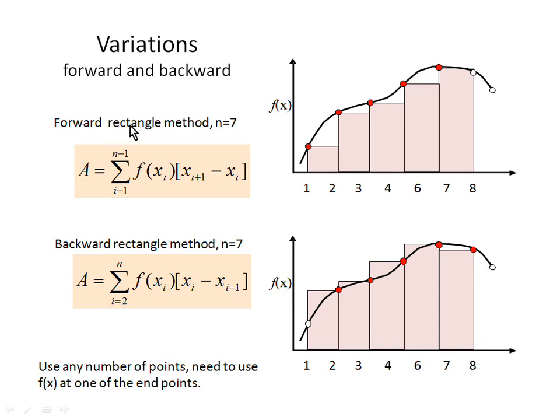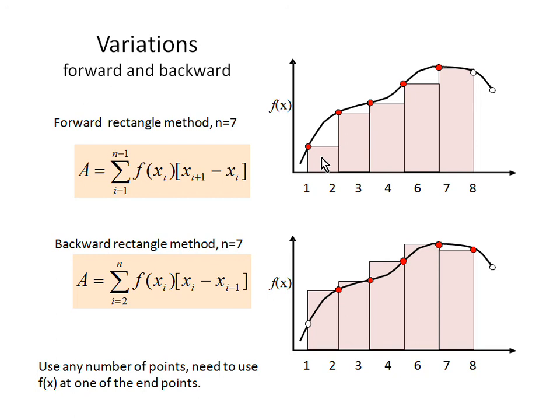So the forward rectangle method, where n equals 7, would be given by this expression, and that would require that for i equals 1, we evaluate the function here at this point and then multiply by that distance, so we would get that rectangle. And then for i equals 2, we have that rectangle, and so on. So we have to use the function evaluated at all these red points, not that point, and we get the areas of these 5 rectangles that we would add up.